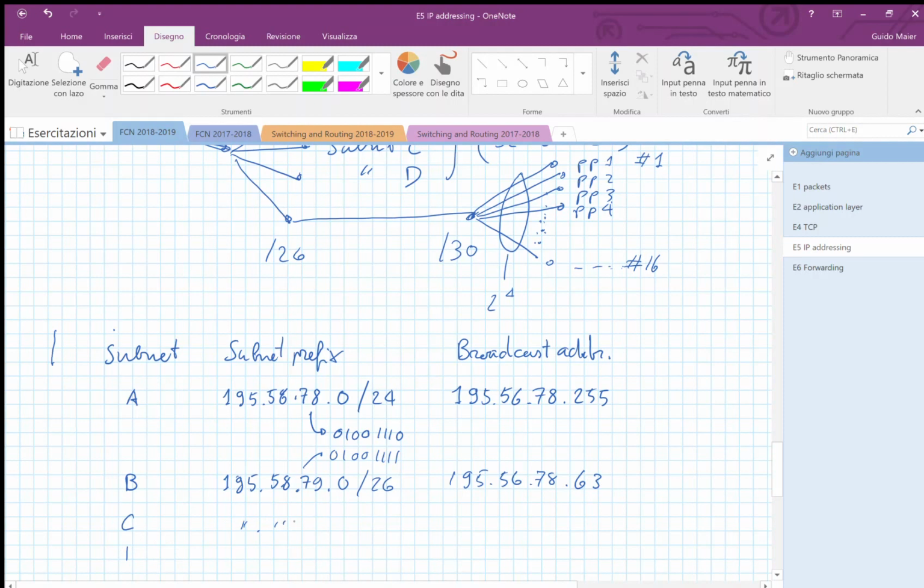Then we have C. This is the same. Without doing any transformation into binary form, we can immediately write 64, because we know that the previous block arrived to address number 63. If we want the broadcast address, we have to add again 64 to this. It's 128, but we have to take the last one, so 127.